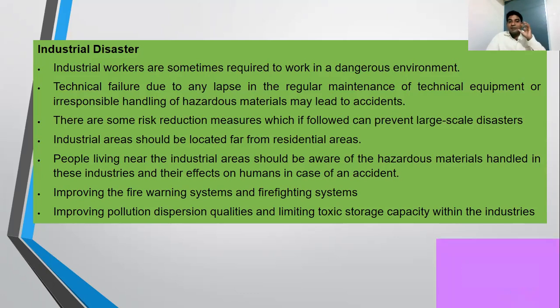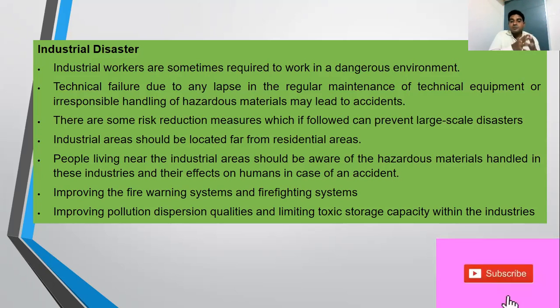People living near the industrial areas should be aware of hazardous materials handled in these industries and what kind of effects they cause on humans in case there is an accident. We also need to improve the fire warning systems and firefighting systems, otherwise we will not come to know. And once a disaster happens, we lose thousands of people's lives.